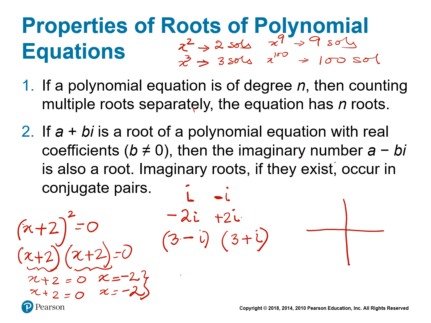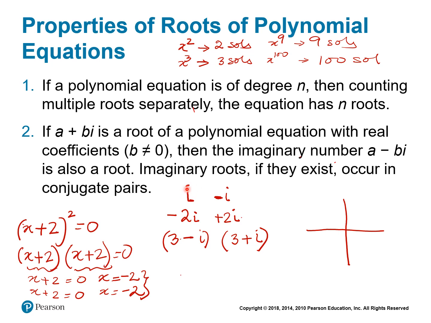We know that the solutions we find for x, when we make the polynomial equal to 0 and solve for x, are the x-intercepts of the graph. That means at those x values, the graph will touch or cross the x-axis.